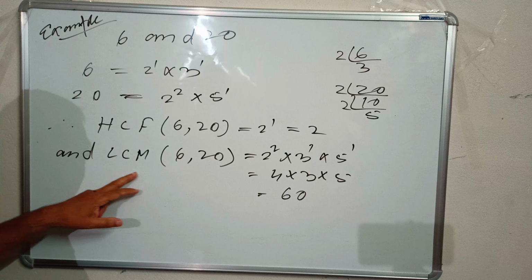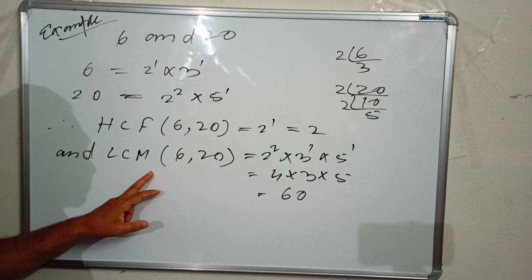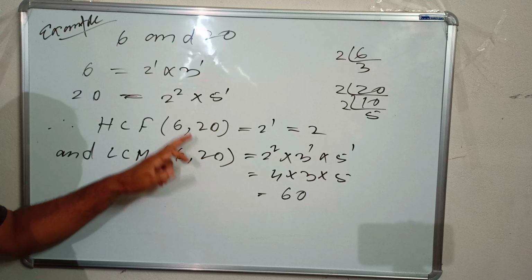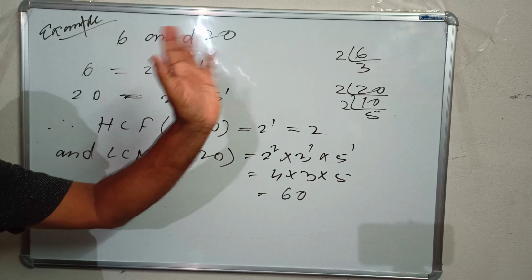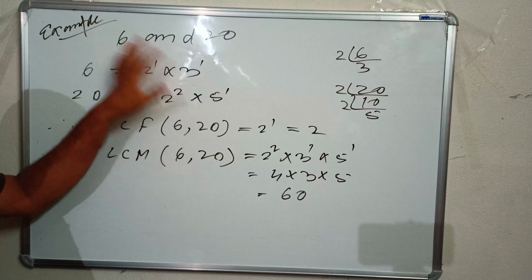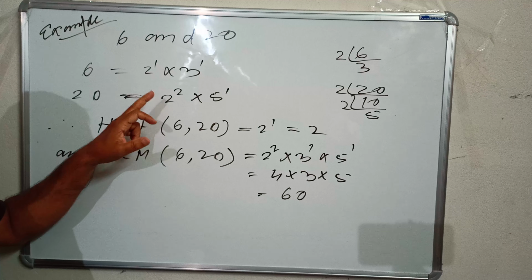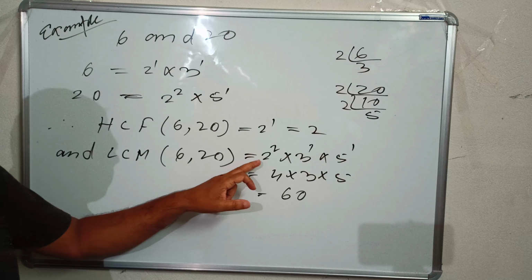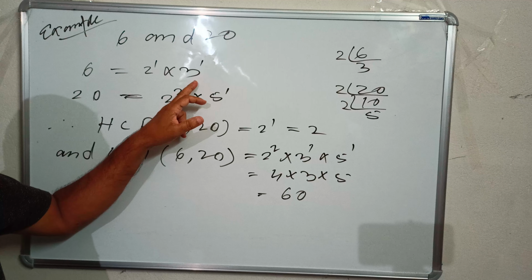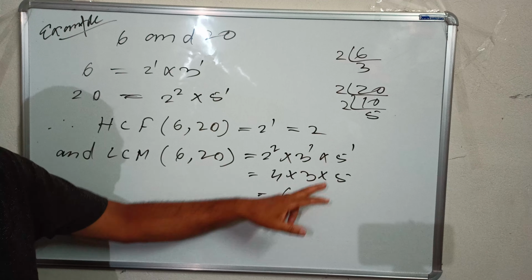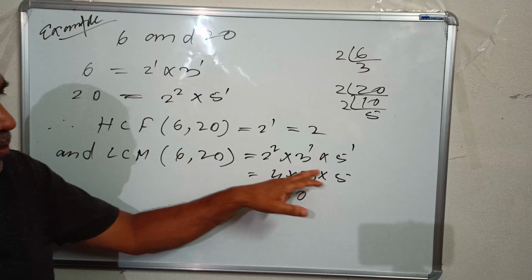But when you are finding the LCM, lowest common multiple, of 6 and 20, you go for the highest power of all the prime factors of both numbers. 2 is common, but its highest power is 2 squared. 3 is alone with power 1, and 5 has power 1. Multiply all of them.